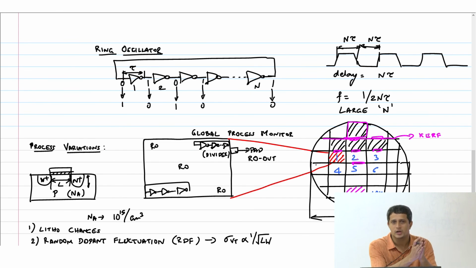So the fab manufactures a wafer, gets all the dice, then they make measurements on all these kerf structures. If the process has shifted significantly, it's a problem, it's a red flag. So the moment they see that the process variation is more than the acceptable limit, they will have to go back and debug and correct the manufacturing process so that it doesn't continue, right?